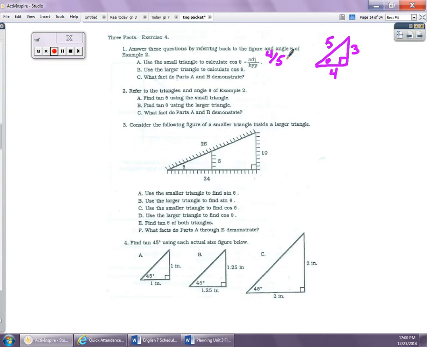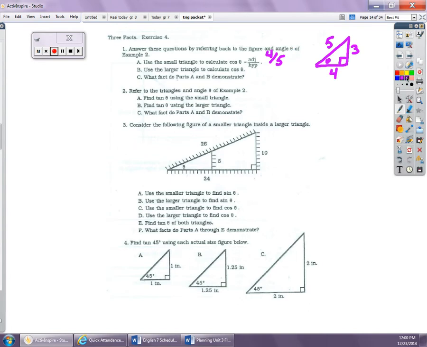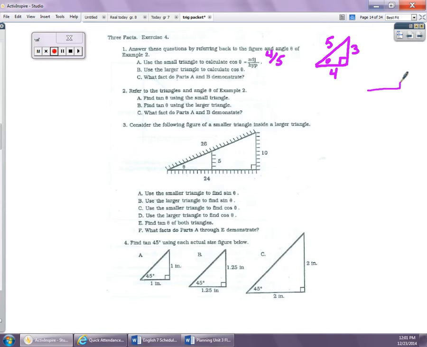And then the larger triangle. Once again, with my large triangle, we were given that this was 15 and this was 9. If you notice, it has a scale factor of 3.